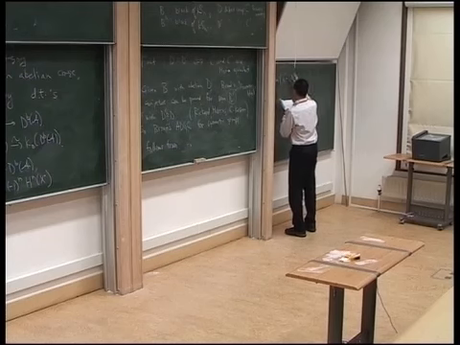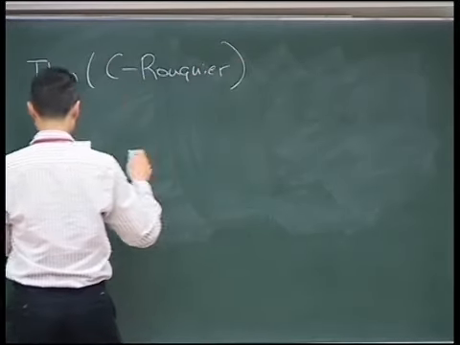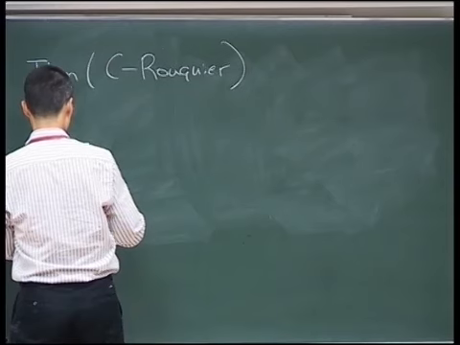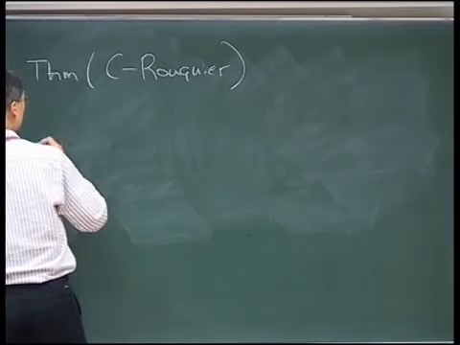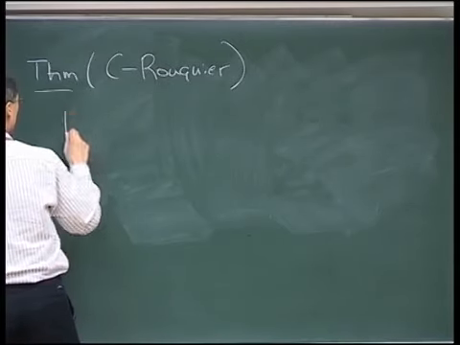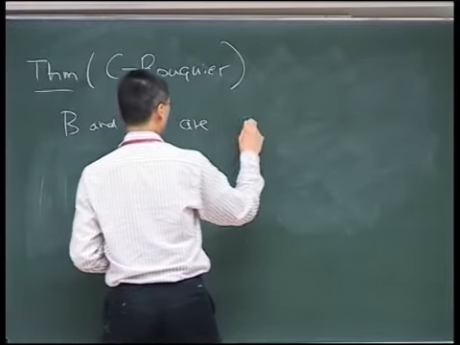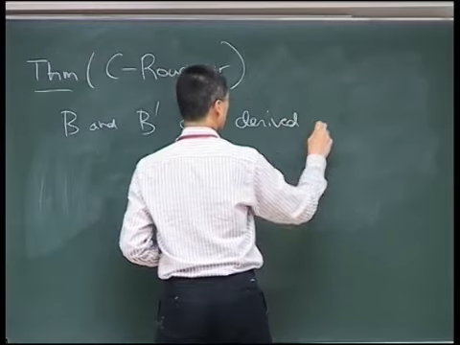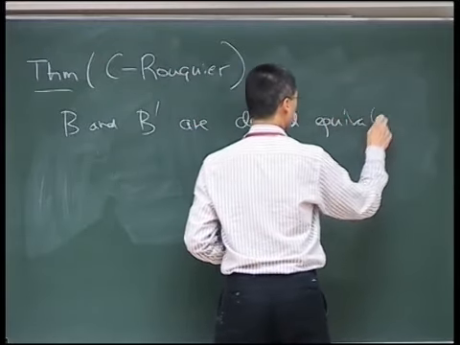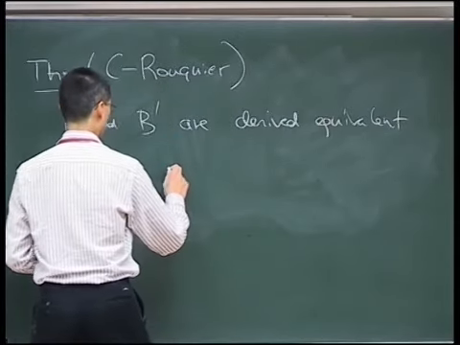This is joint work with Rouquier, that two blocks of symmetric groups are derived equivalent if and only if their defect groups are isomorphic.